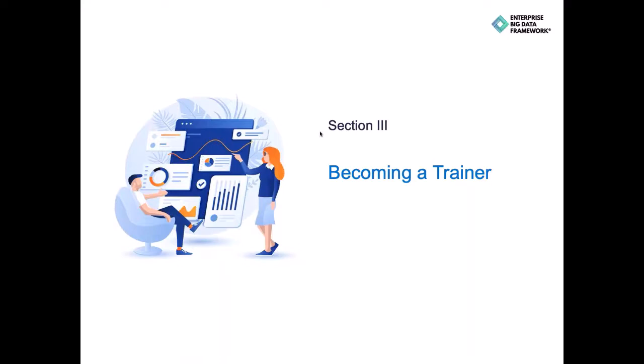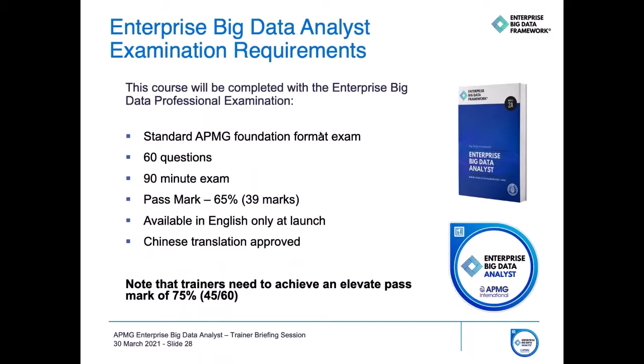So very simple. The first step that you would need to take is pass the Enterprise Big Data Analyst exam yourself. Please note that it is a requirement that you pass with a pass mark of at least 75%. And I see that for whatever reason on this slide it shows the professional examination.